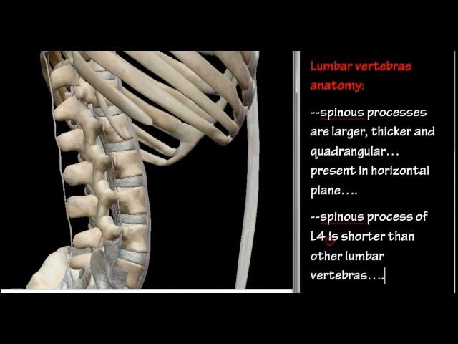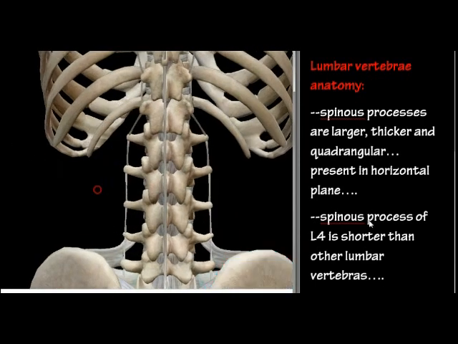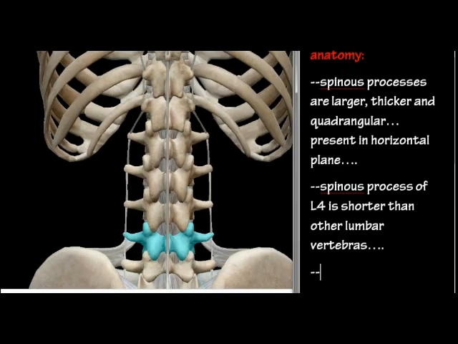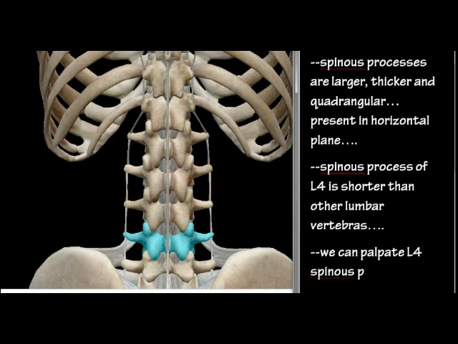See, comparatively, L1, L2 and L3 is larger than the L4 vertebra. The blue coloration is the lumbar vertebra L4. We can also palpate the L4 spinous process at the level of the iliac crest.